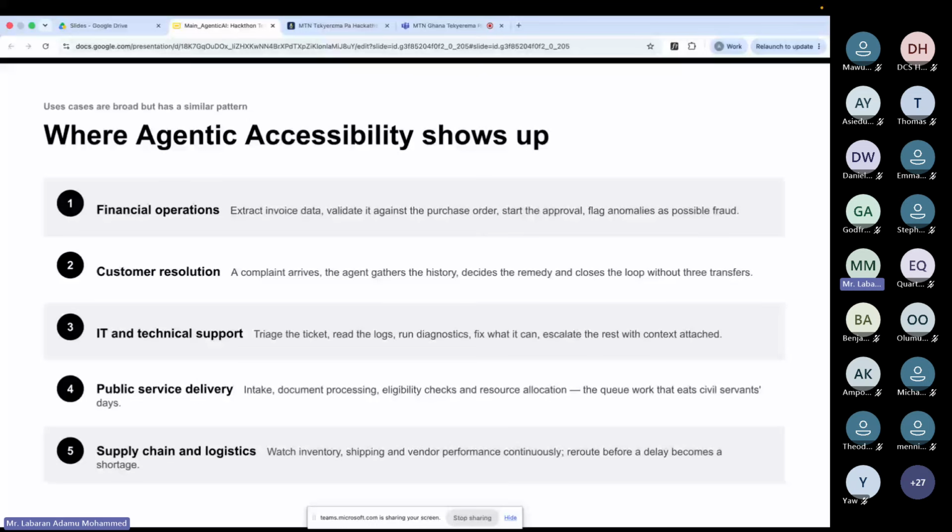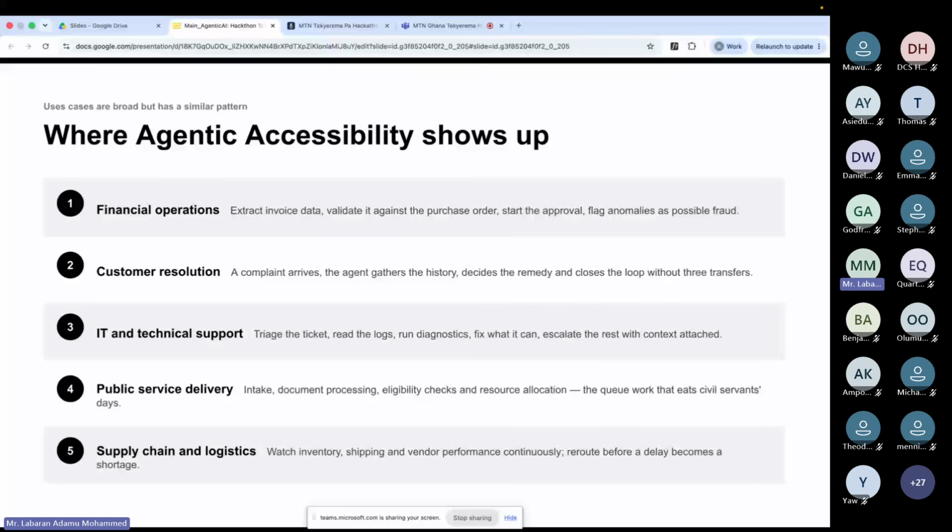In financial services, one thing we can do is extract invoice data, validate it against purchase orders, start approval, or flag anomalies as possible fraud. An accessible agent could come into place in that section.